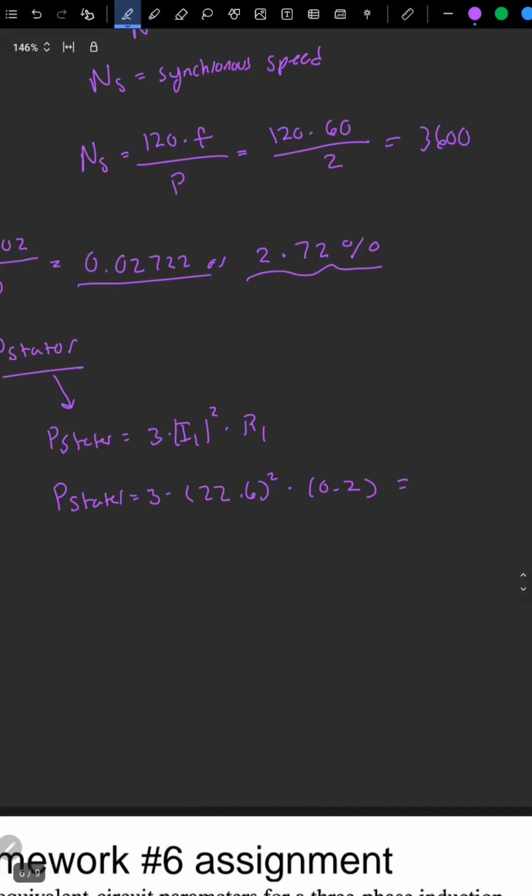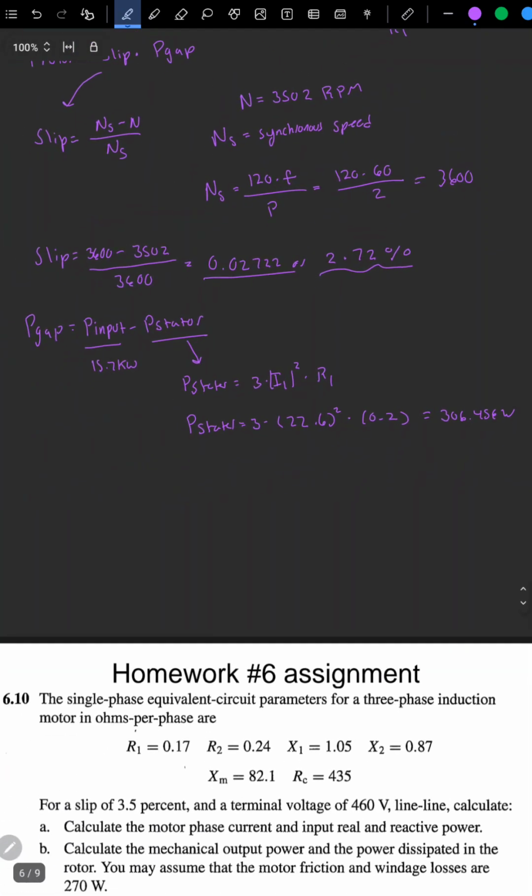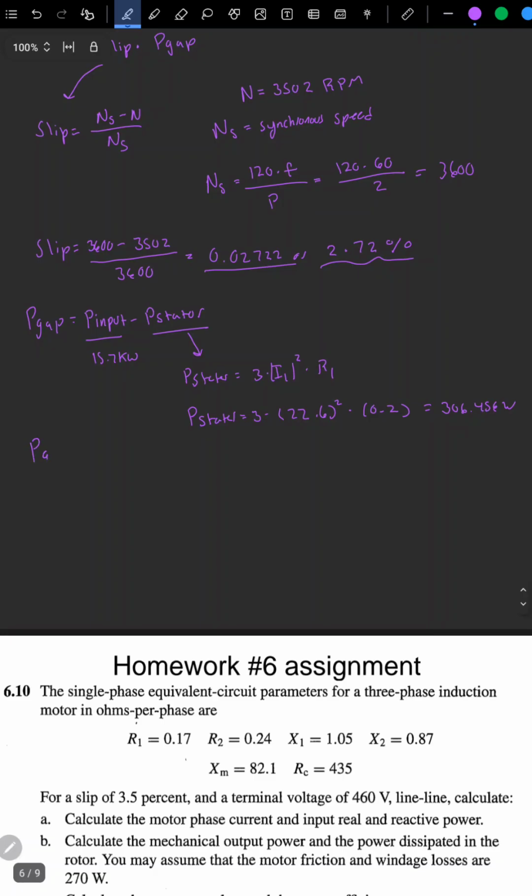So P stator is going to equal 306.456 watts. So P gap is going to be taking that 15.7 kilowatts minus 306.456 watts.